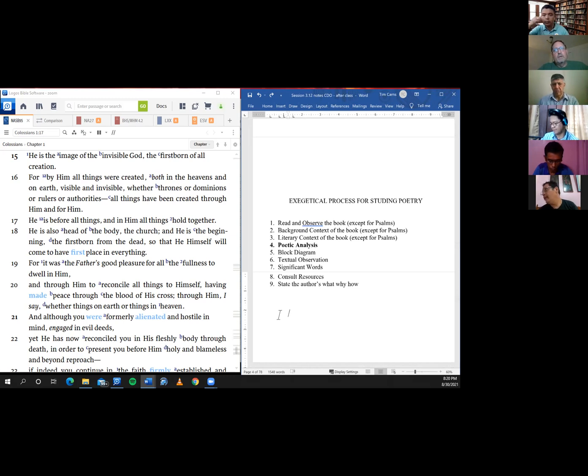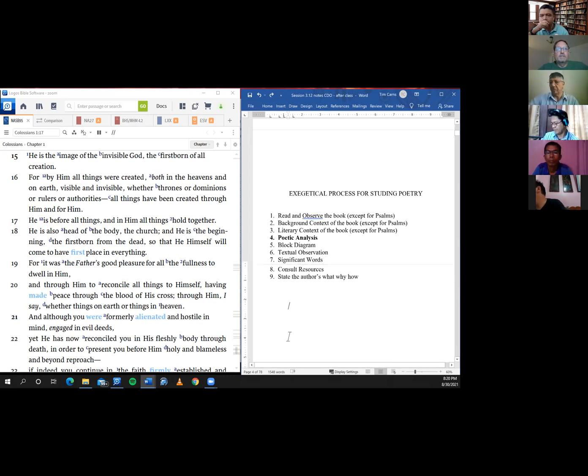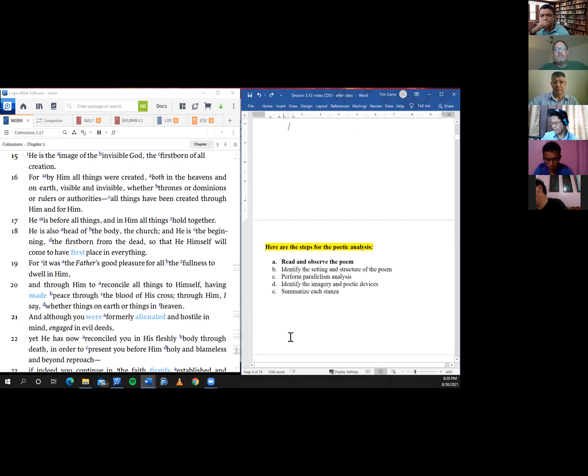And so in poetry, it's the poetic analysis step. And for that step, there are 5 components or parts that we need to study. The first is we take the poem and we read and reread and make observations.